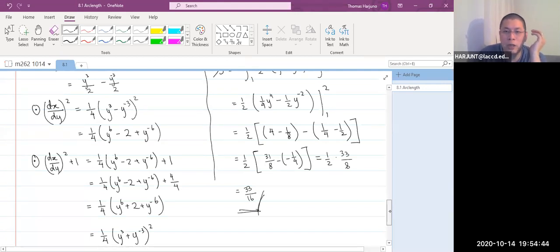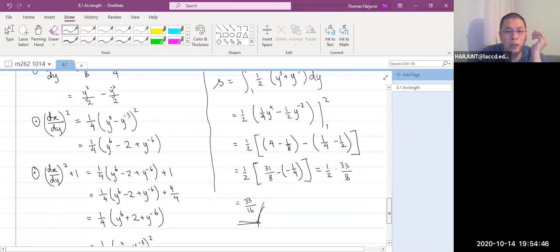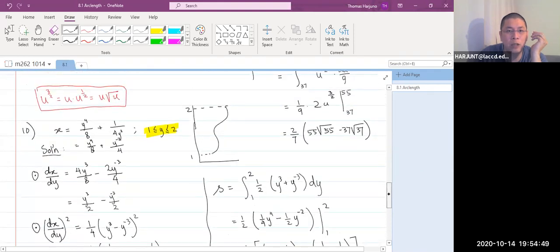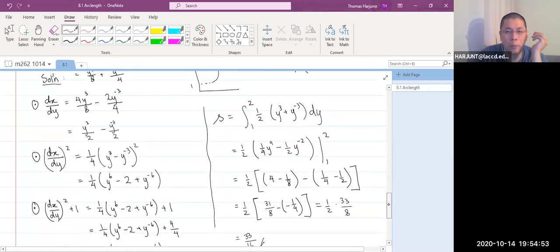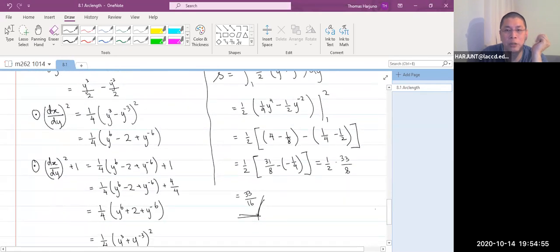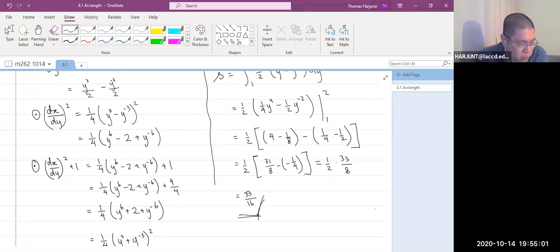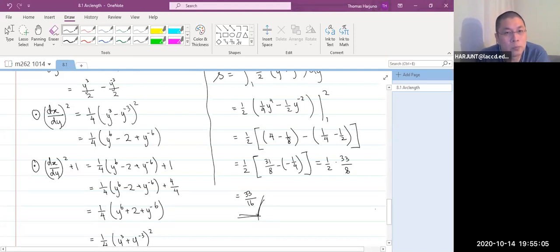So you see that from here, I actually spend more time doing the setup correctly compared to doing the integration. Okay, so with this, I hope I showed you enough that you should be patient when you do the setup.